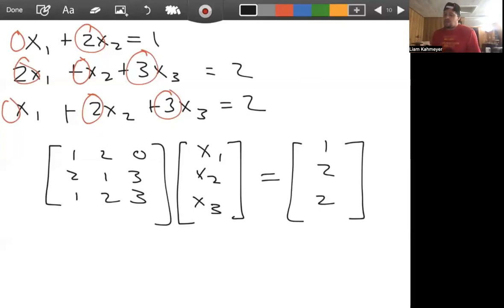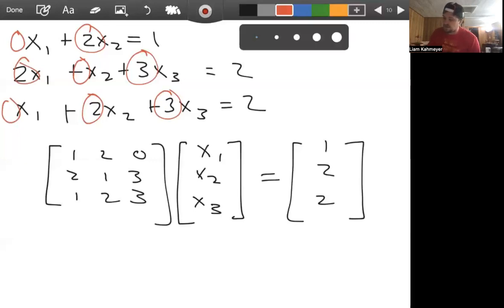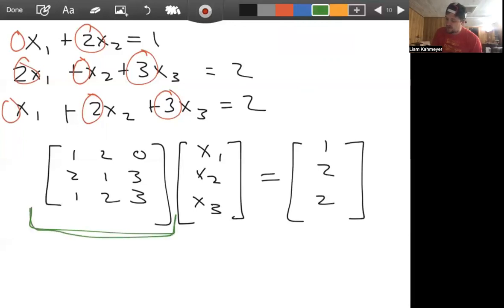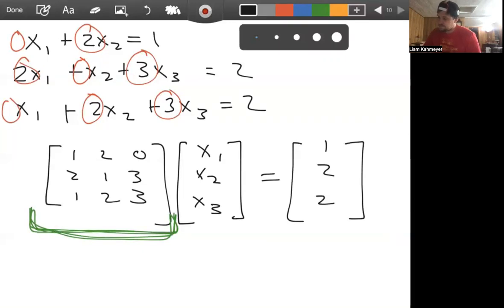Now, the instructor set the problem up so that you have to solve this by first finding the LU factorization of the coefficient matrix A. So let's find the LU factorization of the coefficient matrix here.